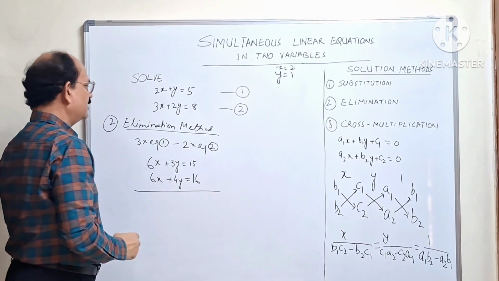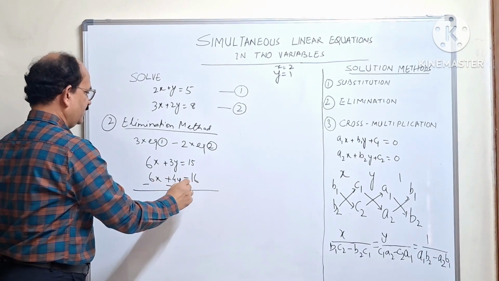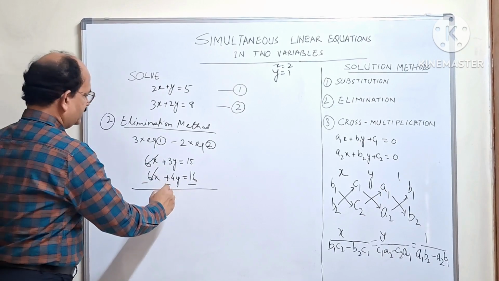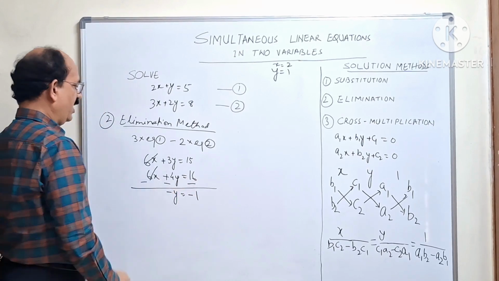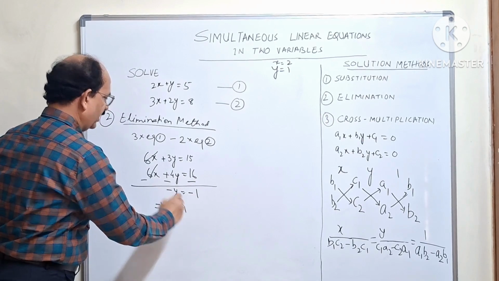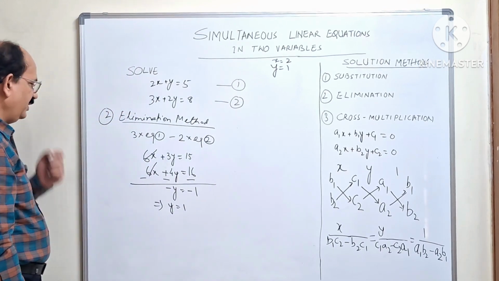Now if I take the subtraction of this, I'll have to change the signs here. Now 6x and 6x cancel, so this becomes minus y is equal to minus 1, and therefore y is equal to 1, which is the same value we got earlier for y.